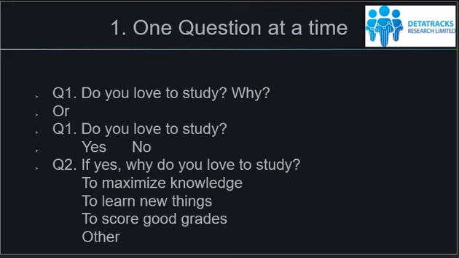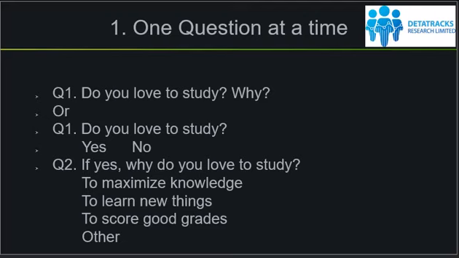For example, when you look at these two questions, which one is better? The first one is, do you love to study? Why? The second one is, do you love to study?